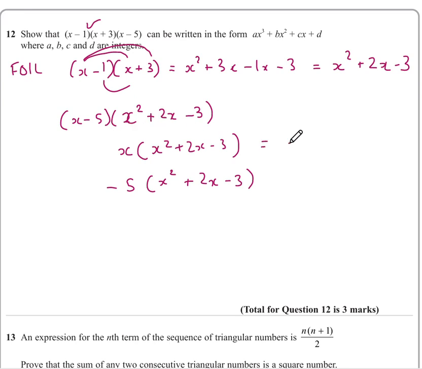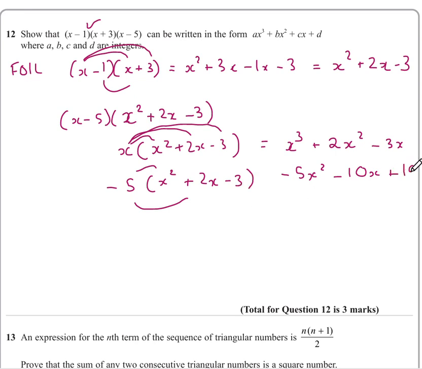So we've got here x cubed plus, basically the power of x is increasing by 1, isn't it, for all of these terms. So 2x squared minus 3x. And then when we multiply these ones, we're going to get minus 5x squared minus 10x, and then changing the sign of all of these because we're multiplying by a negative here, so negative times a negative, that's going to give us positive 15.